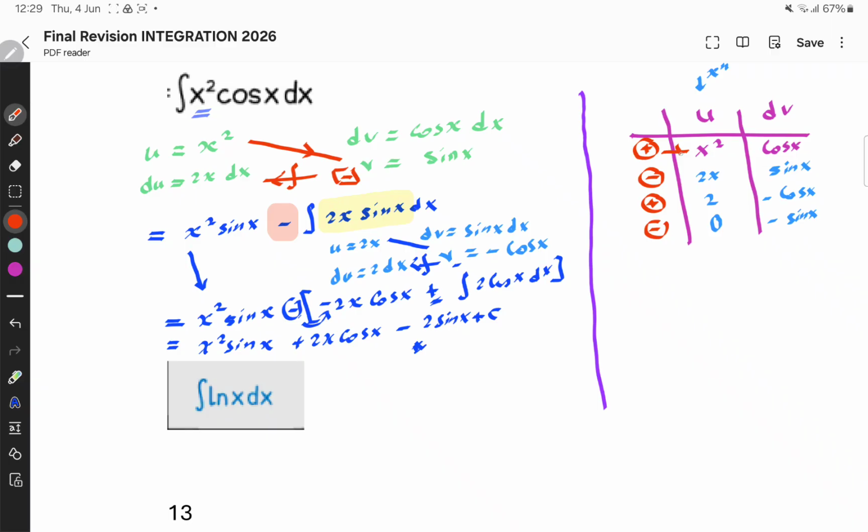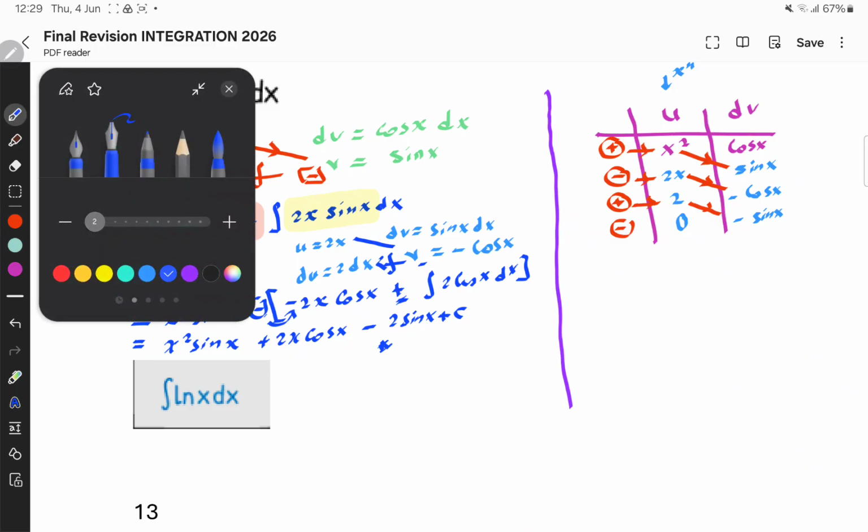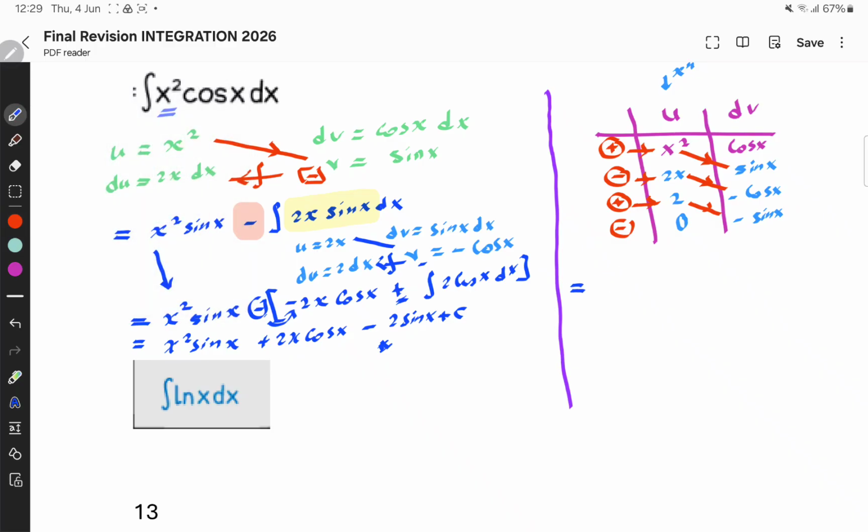So I said before, one row represents the question, so we just multiply here, that by that, that by that. So it is equal to positive times positive, it will be x squared times sine x. Negative times negative, it will be positive 2x cosine x.